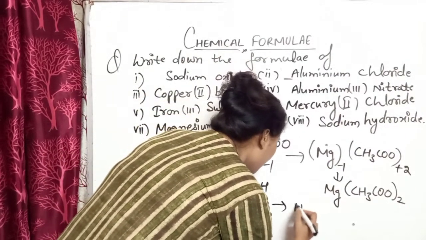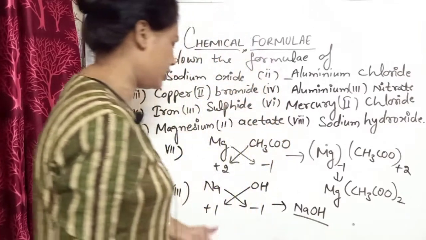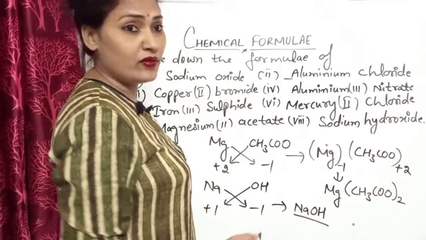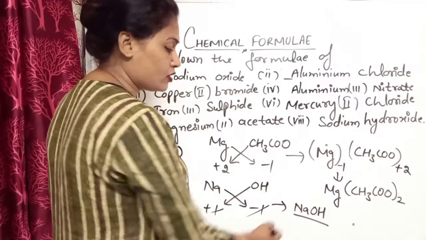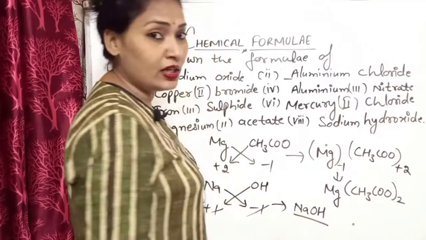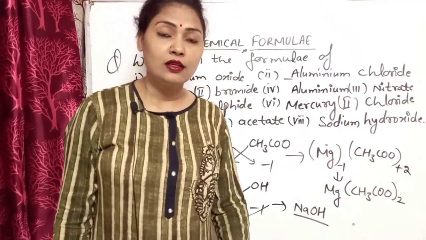So NaOH is our formula, because both have the same valency, so they cancel. So our formula becomes NaOH.